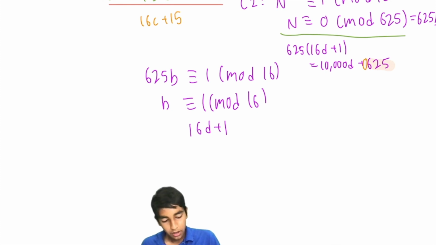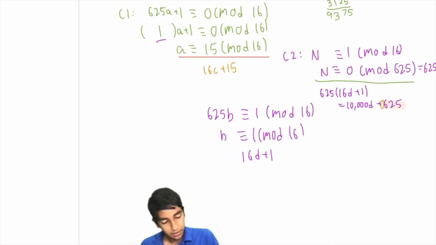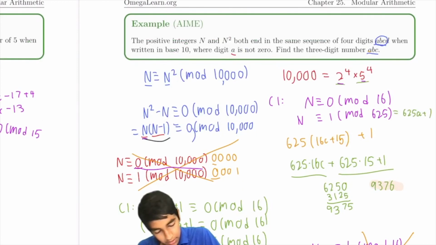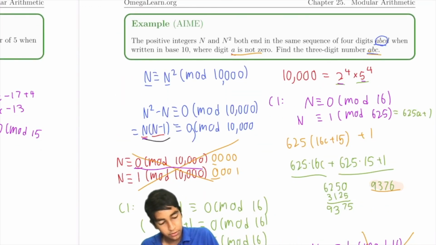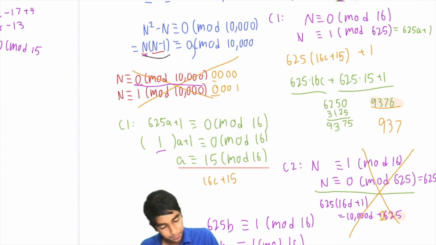So therefore, the second case doesn't work because a is not supposed to be 0. In this case, a is 0. So therefore, these are the last 4 digits, and ABC is just the first 3, 9, 3, 7.